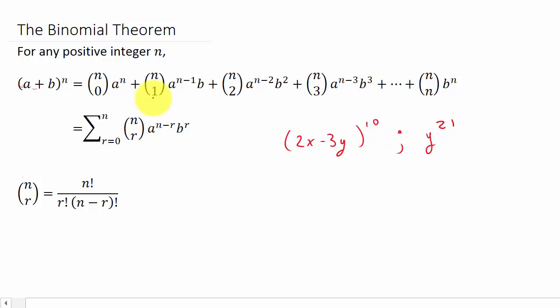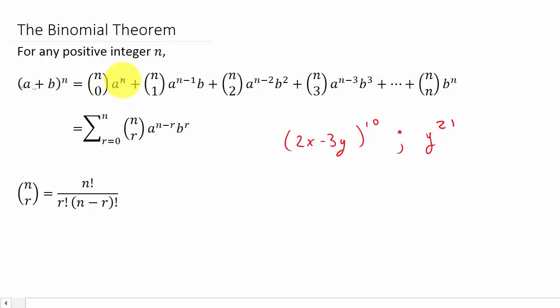The 10, that's n. You can see that goes all the way across here. And then look here, you got 0, 1, 2, 3, all the way up to n. So the numbers down here in the combinations would be 0, 1, 2, 3, 4, 5, 6, 7, 8, 9, 10.